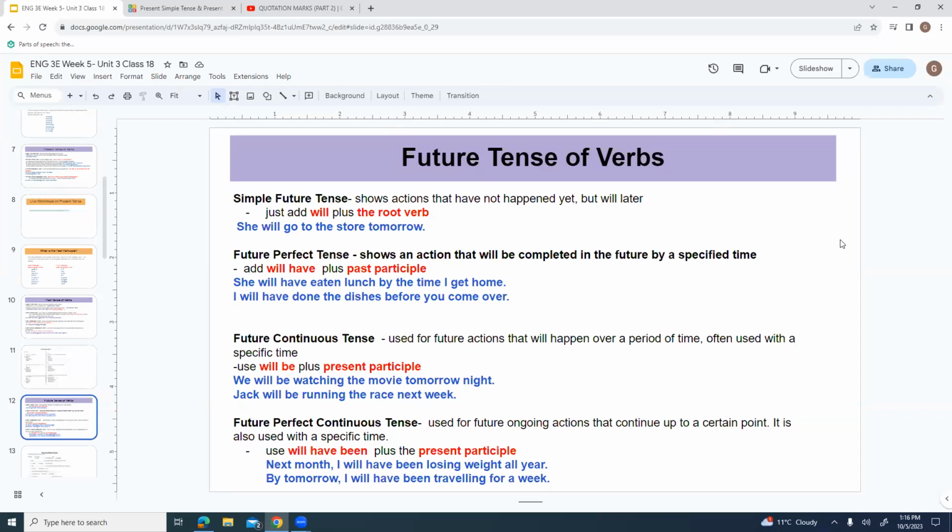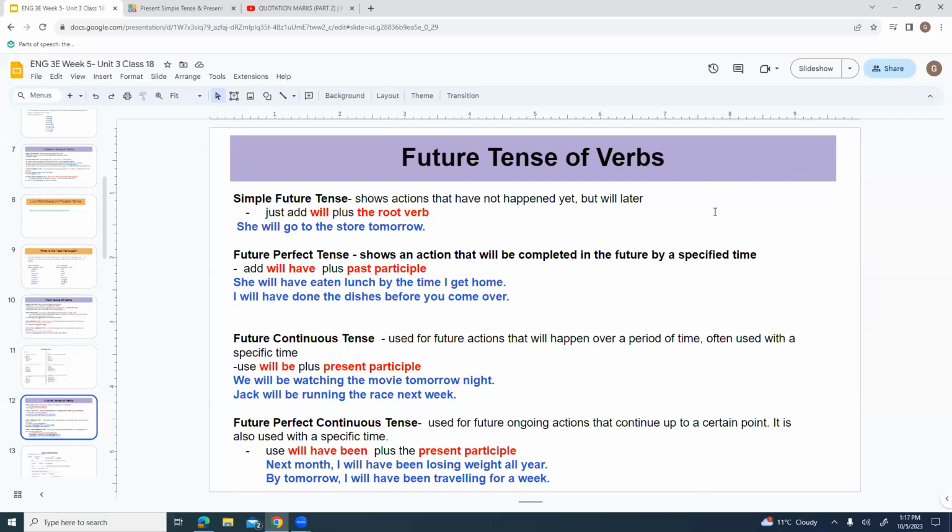But if you're coming from a language that uses verbs a little bit differently, that might not happen. So I'm kind of teaching it specifically, hoping that will help. We'll see. Simple future is talking about actions that haven't happened yet, but will later. And it's very simple. For that one, we just add the word will and then the root verb. So she will go to the store tomorrow.